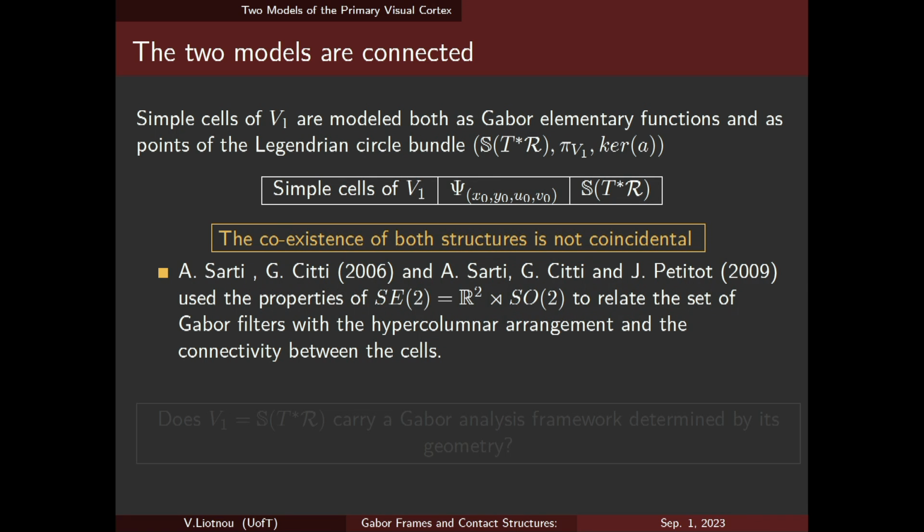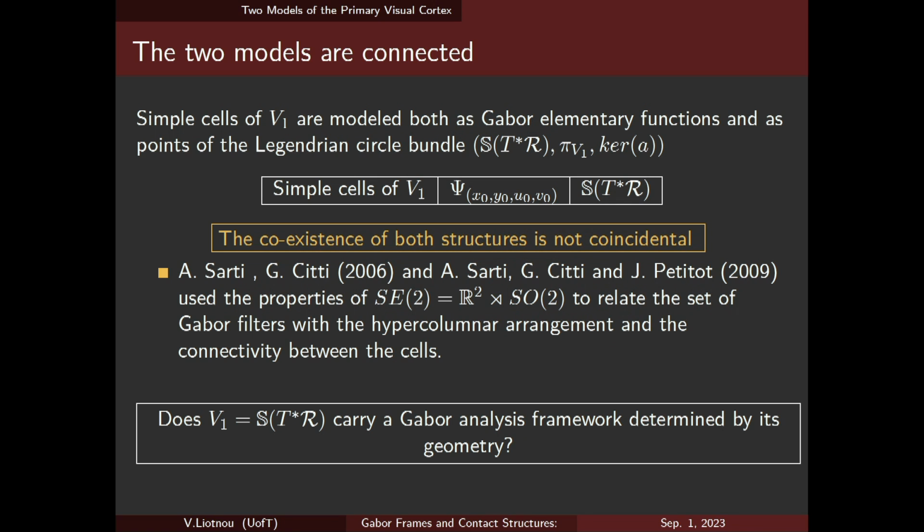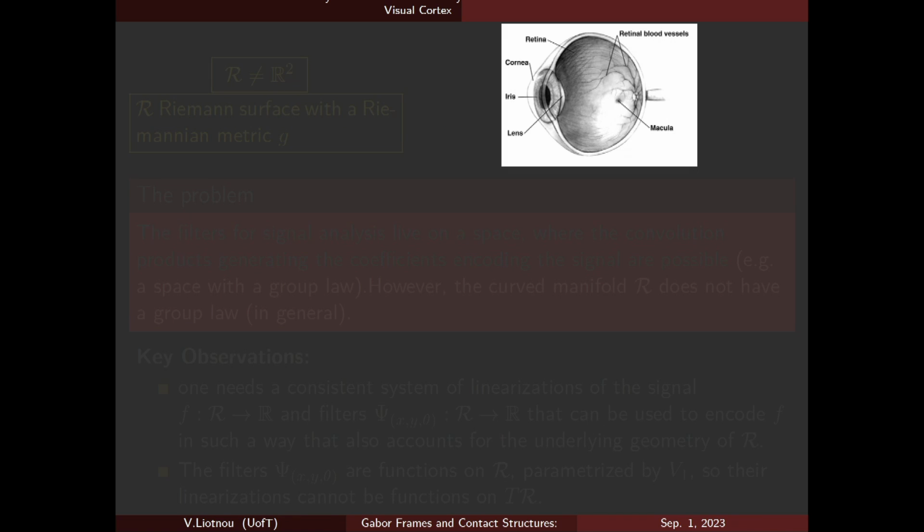And Sarti, Citti and Petitot used the action of the roto-translation group to relate the set of Gabor filters with the hypercolumnar arrangement and the connectivity between these cells. And that was more or less our motivation to see if one can introduce a Gabor analysis framework on the visual cortex determined by its geometry. And we think it does.